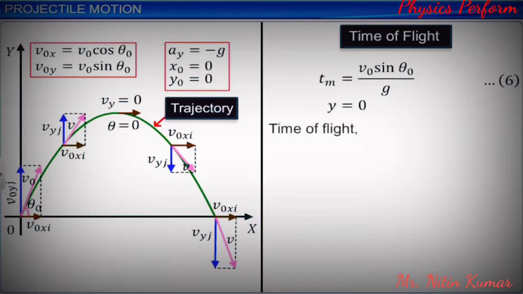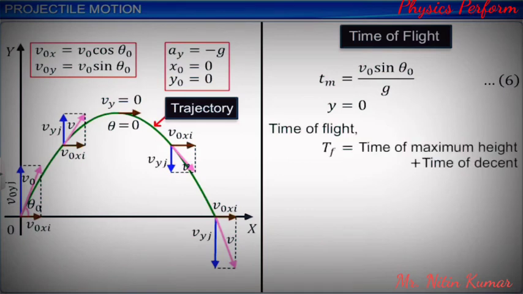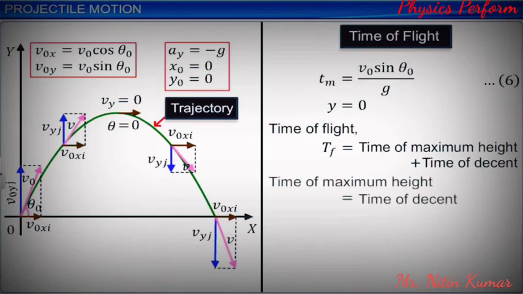By the symmetry of the path of the projectile, which is parabolic, the time of maximum height is equal to the time of descent. Therefore, Tf is equal to 2Tm. On substitution, we get Tf is equal to 2v0 sin theta 0 by g. Let this be equation 7.